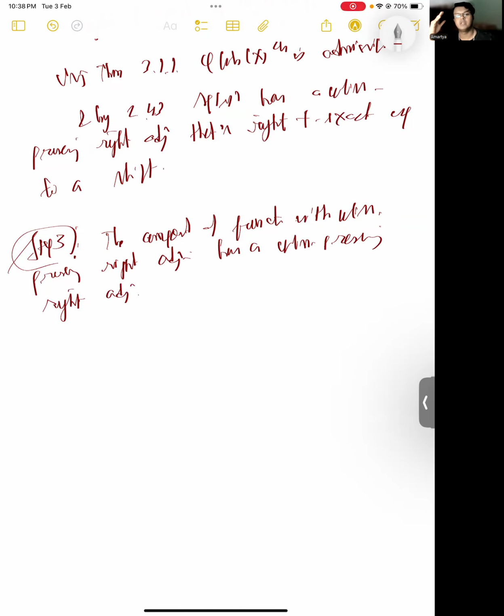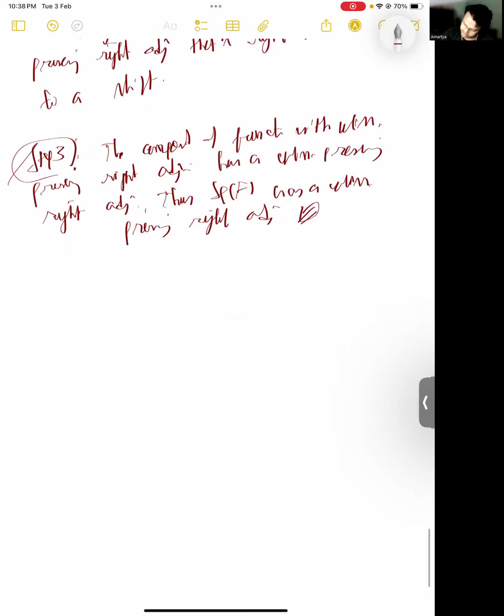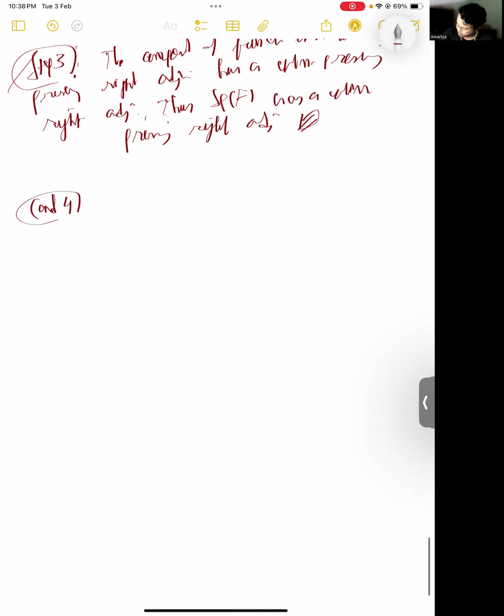So the composition of the right adjoints is in the reverse order, right? So this SPF has a colimit preserving right adjoint, right? So that was condition three. Now comes condition four, that is the projection formula, right?